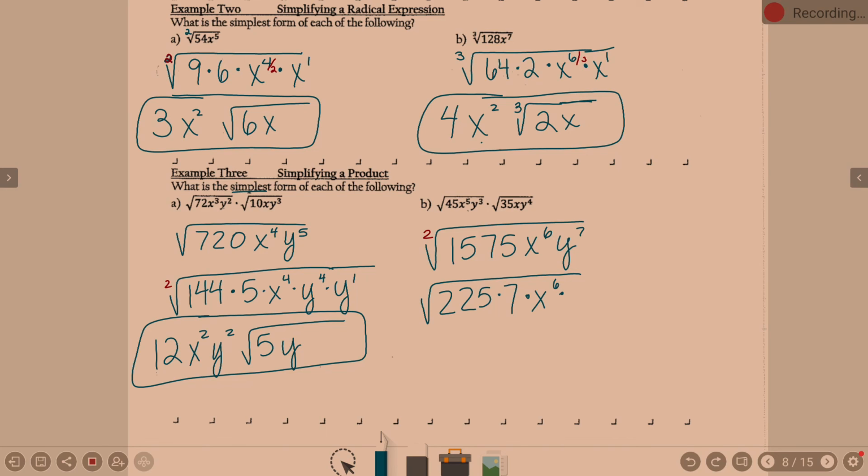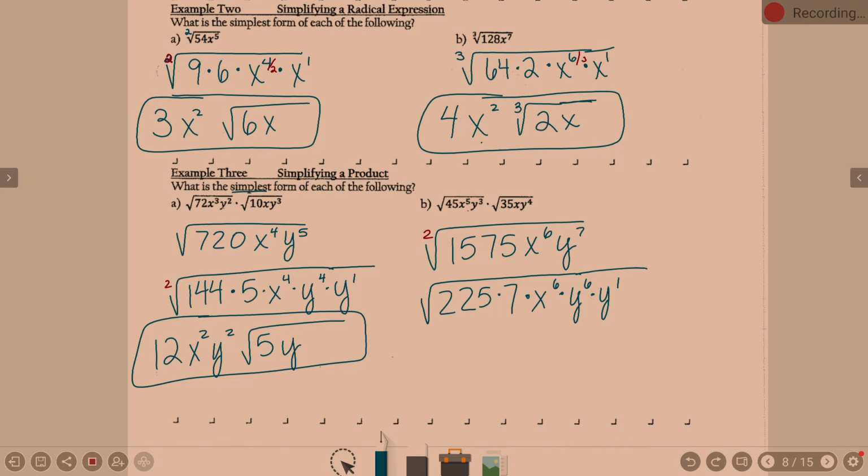No. 7 does not divide by 2. Closest number below 7 that divides by 2: 6. So that's going to be 6 and 1. y to the 6th, y to the 1st. Are you a step ahead of me? Some of you are. Some of you are still trying to figure it out.